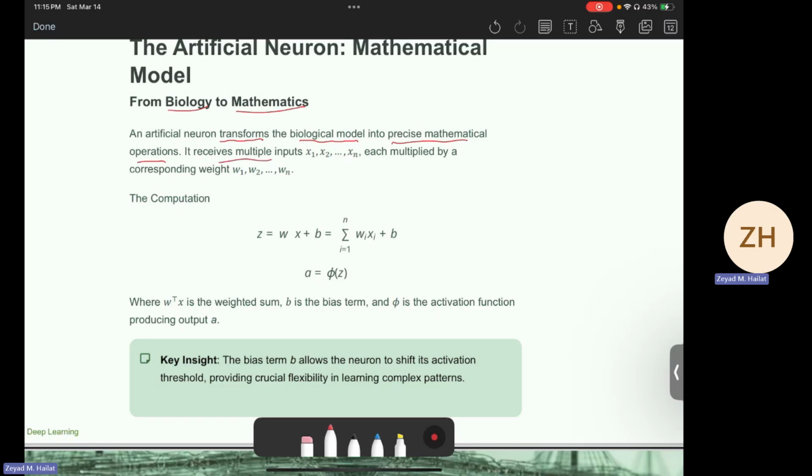It receives multiple inputs. This neuron is just called N1. It has some components, dendrites, axons and others. Remember that we said each neuron is connected to thousands of other neurons. So this neuron receives input from other neurons in the body at the same time.